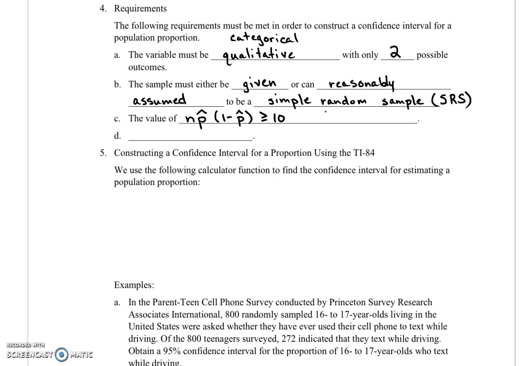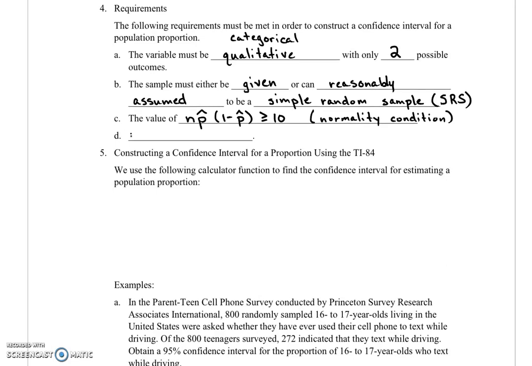That has to be greater than or equal to 10. This is what is called the normality condition. Essentially, we need to check to make sure that our distribution is normally distributed.